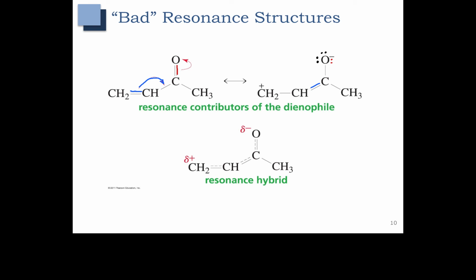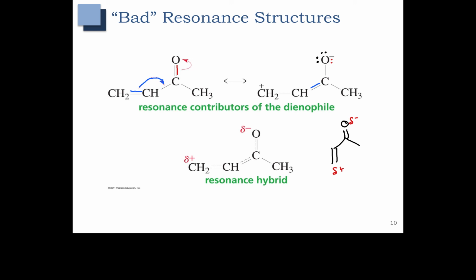So for adding charges, it's not a great resonance contributor, but it is a contributor. And based on that, we can figure out where the delta minus and the delta plus is. That's what it's showing here on the resonance hybrid. So if you draw out the structure, your original molecule has a delta minus on the oxygen and a delta plus on the carbon.